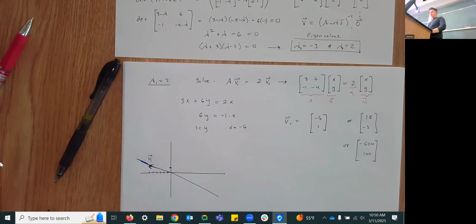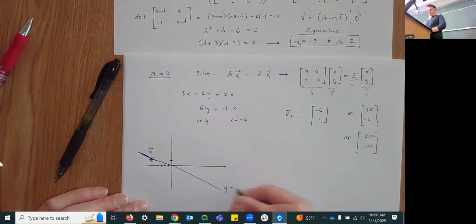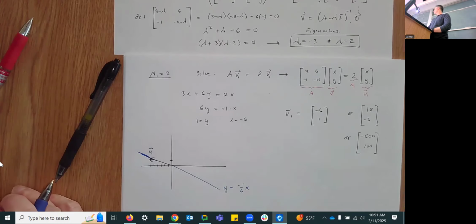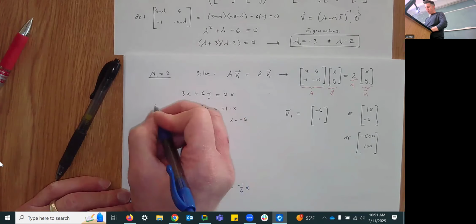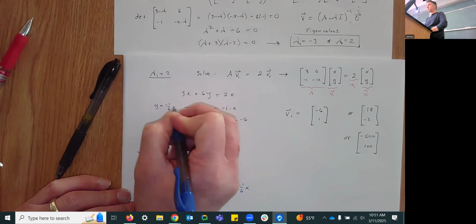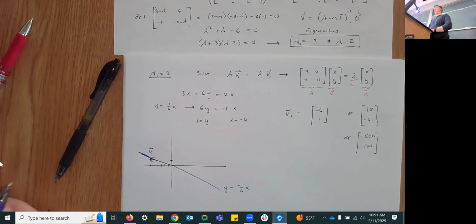But any vector on this line, which is the line, I don't know, y equals what my slope is, negative 1/6 x. Oh, look, that looks familiar. If I divide both sides by 6, y equals negative 1/6 x. Any vector on that line is an eigenvector as well. It is fairly standard to make the choice where your x and y are the smallest possible integers, but that doesn't have to be a choice.